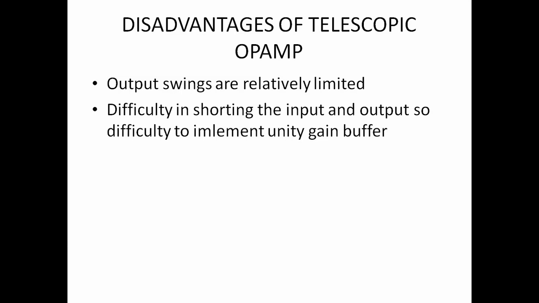So next we check what is the problem behind shorting the input and output pin of a telescopic op-amp. We discuss the main drawback of the telescopic op-amp, that is the limited usage of a telescopic op-amp as a unity gain buffer.